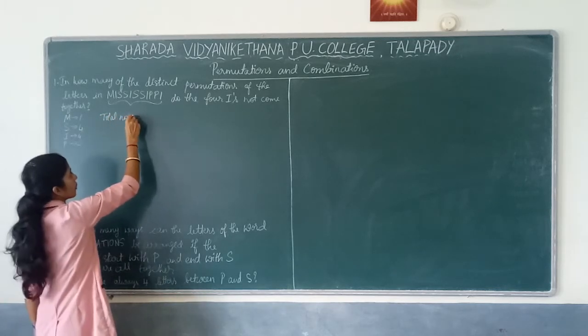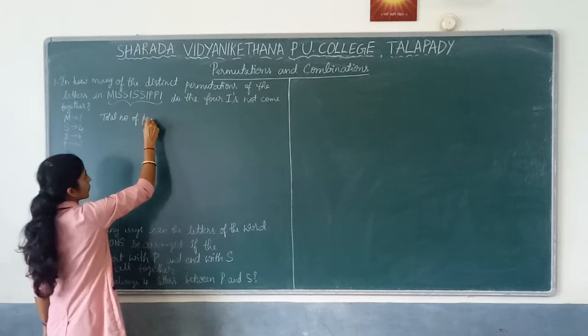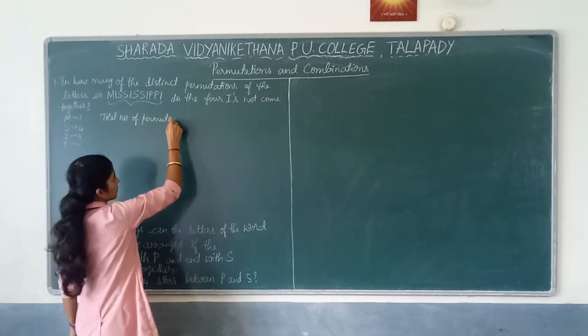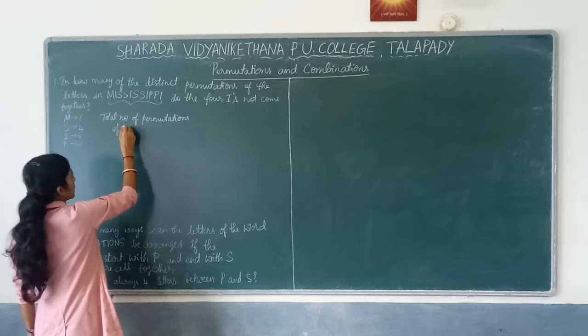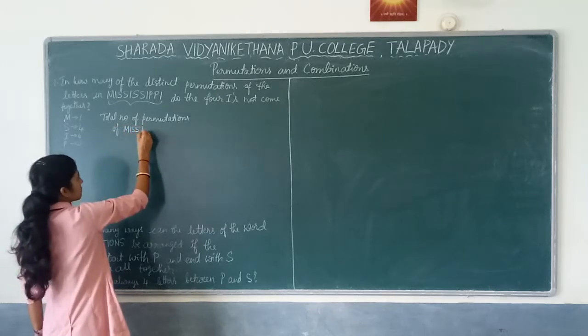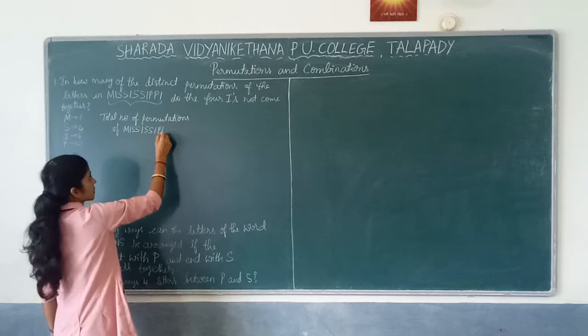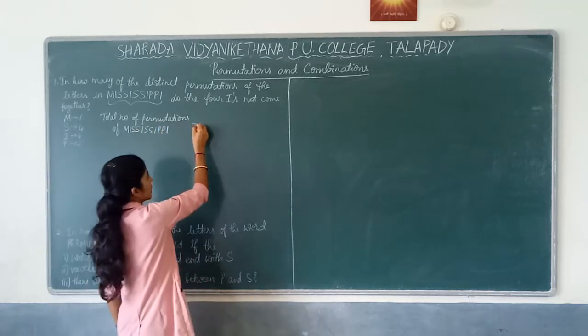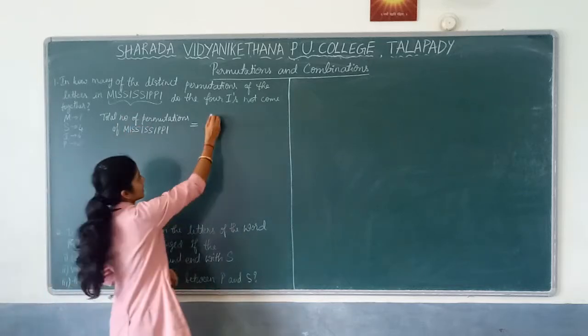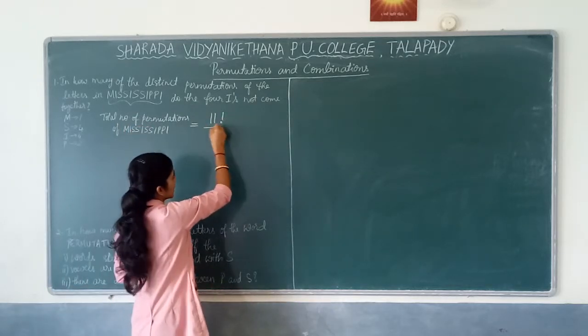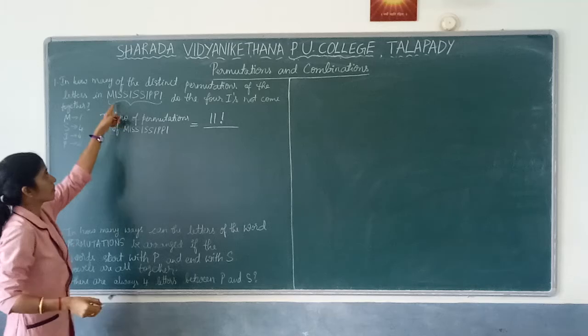Total number of permutations of the word Mississippi, this is a very important question, okay? Mississippi is equal to, now see, total how many letters are there? There are 11 letters. So it is 11 factorial divided by, because some of them are repeating.